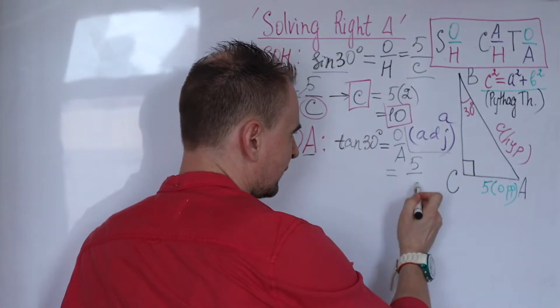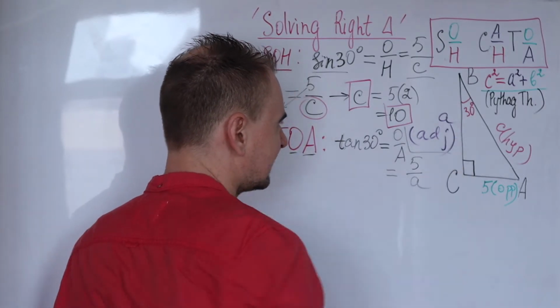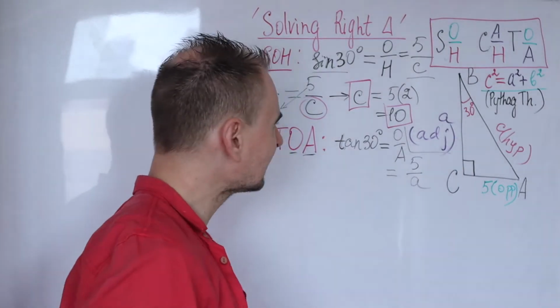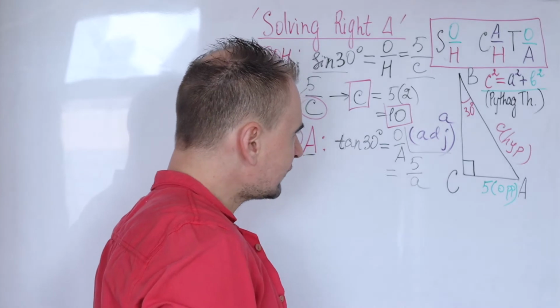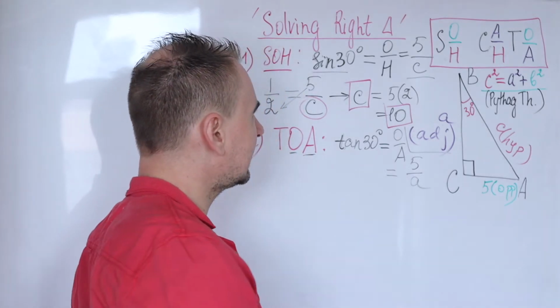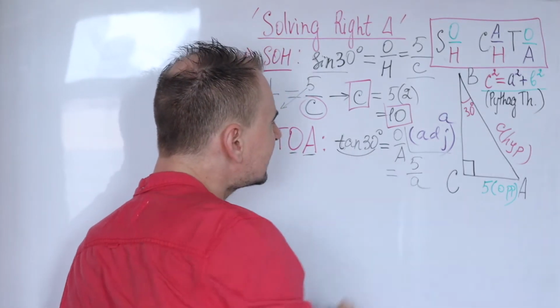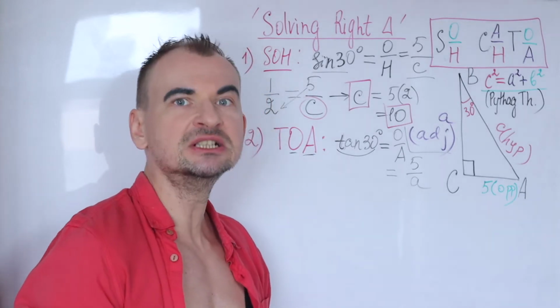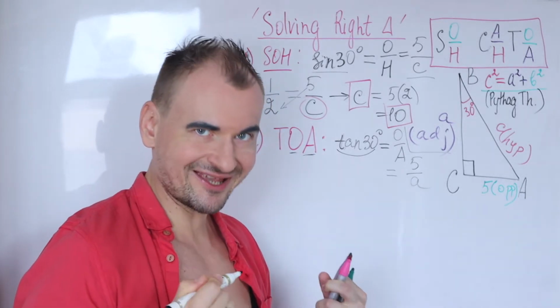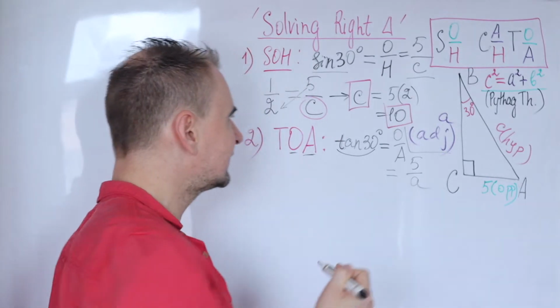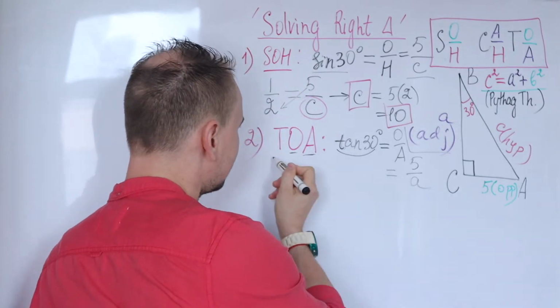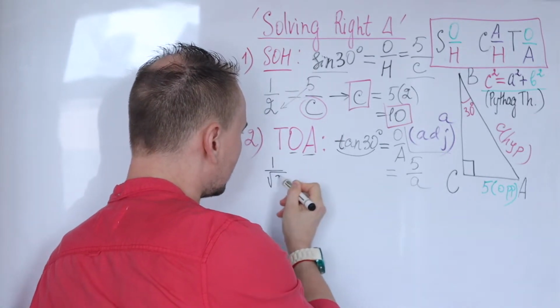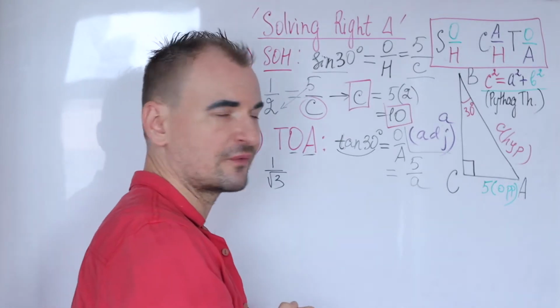We don't know it, so it's labeled with A. Again, you have this little equation, and tangent 30 degrees is a table value for tangent. It's the same thing as 1 over the square root of 3.